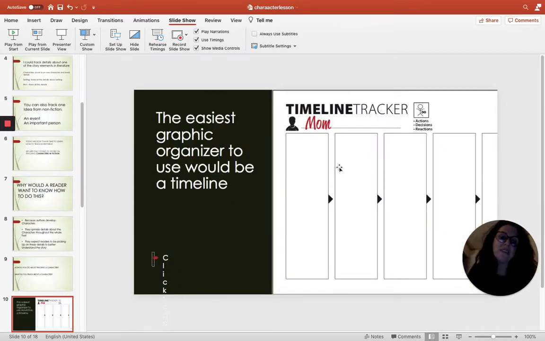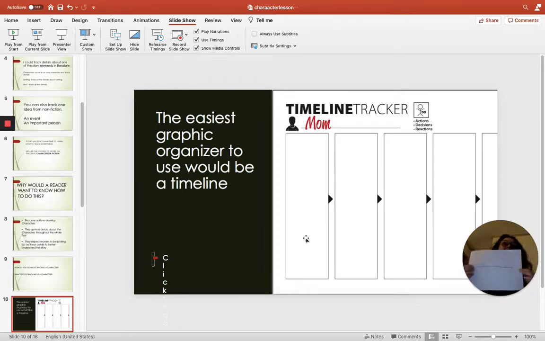Here's a fancy timeline I found, with rectangles and triangles pointing to the right to show that time passes. You can simply draw a line: beginning, middle, middle, middle, middle, middle, end, and then write the details underneath.